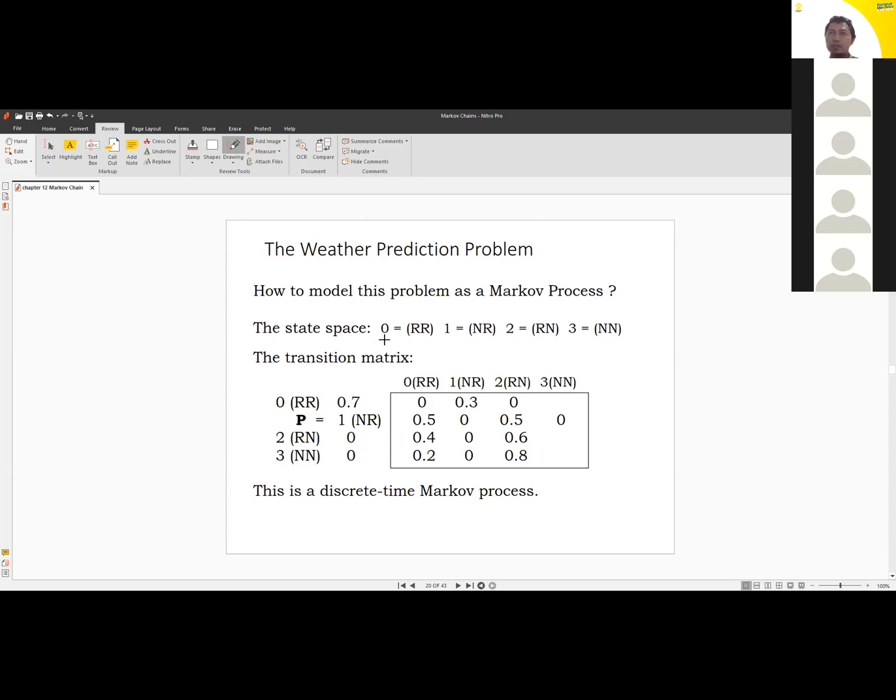This is the given state space. 0 means that it rained 2 days in a row. 1 means that today is rain, but the day before yesterday no rain. Then today is rain, but yesterday no rain. And finally, today and yesterday no rain.